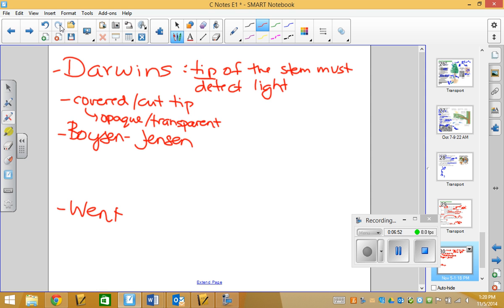Now, Boysen-Jensen discovered that a chemical substance went from the tip to the stem, and that's how growth was happening. And the way they discovered this was that they did a couple of tests.